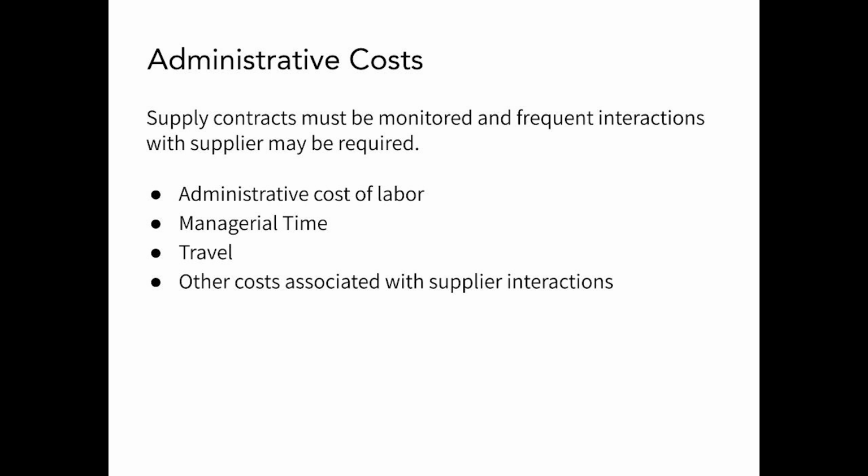These interactions can range from digital communication, such as video conferencing through platforms like Zoom or Teams, to potentially in-person visits, which may be necessary even for suppliers located thousands of miles away. The encompassed costs include labour, managerial, travel expenses, and other variable costs stemming from supplier interactions. Such administrative efforts are pivotal for maintaining effective supply chain operations, highlighting the importance of accounting for these costs when selecting suppliers.